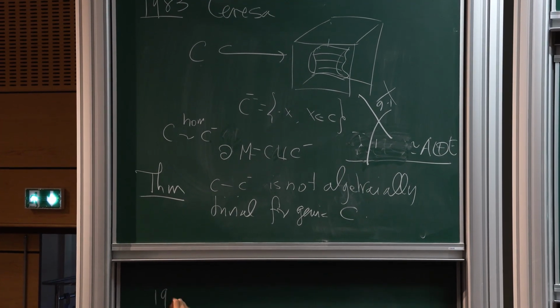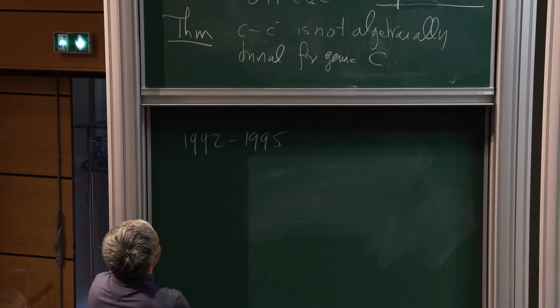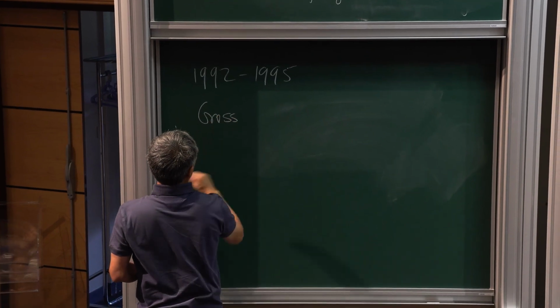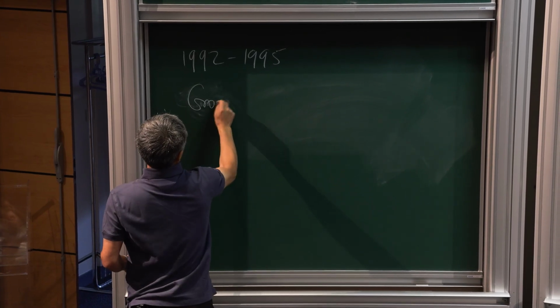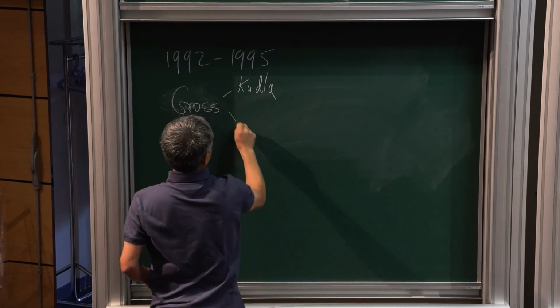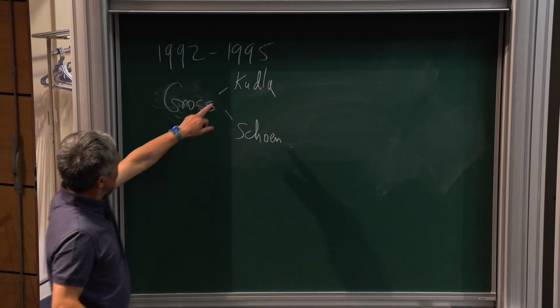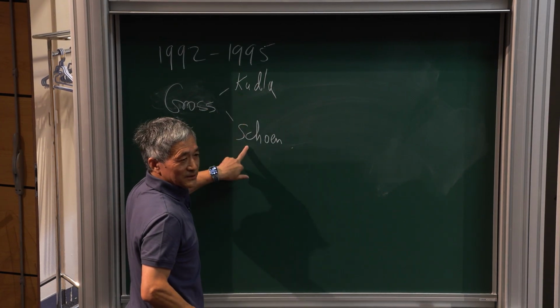In 1992 to 1995, Gross wrote two papers, one with Kudla, one with Schoen. This one is 92, this one is 95, but the 1995 paper relies on the 1992 paper.